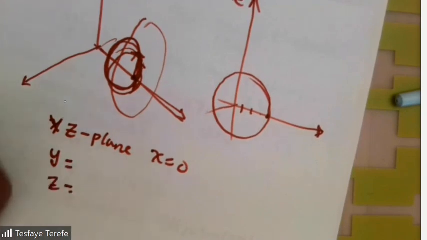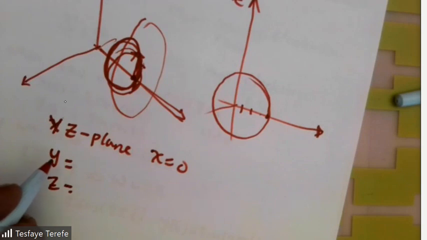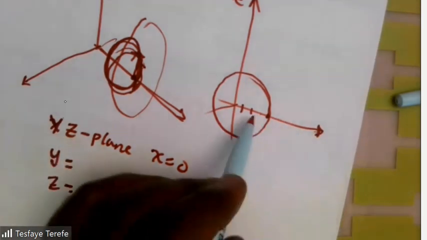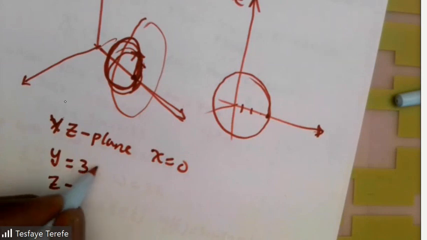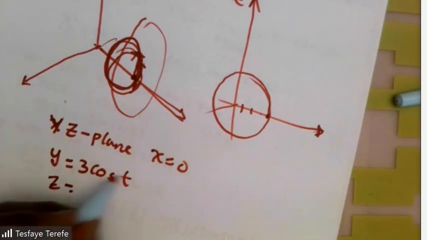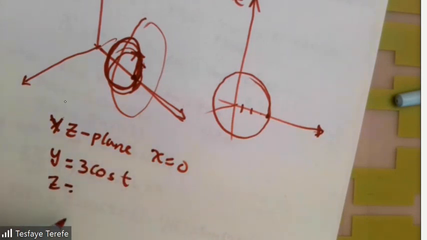For example, if I make omega 1, what will happen? To make it counterclockwise, the horizontal component has to be the cosine. Therefore, this is going to be 3 cosine of t. And because it is a circle, the coefficient has to be the same, yes?